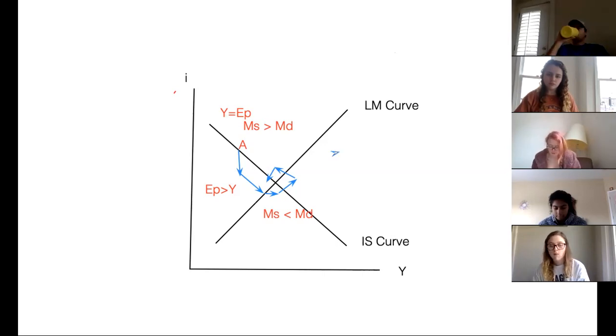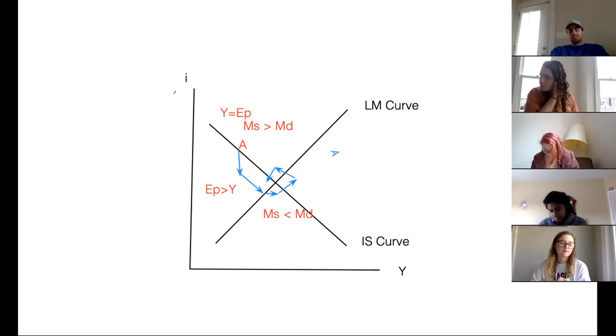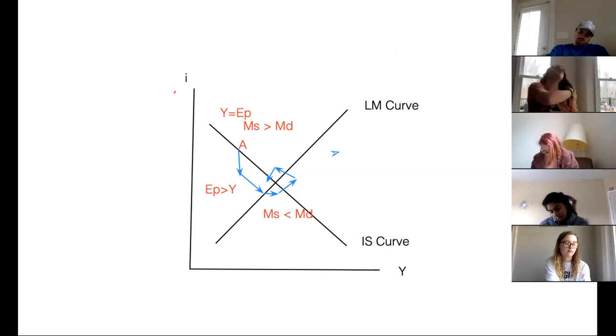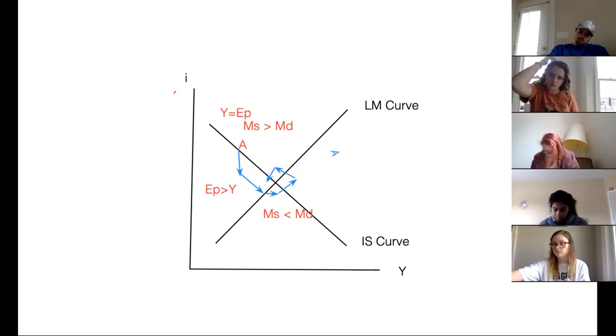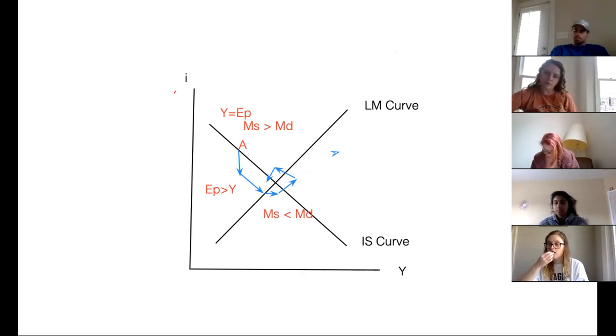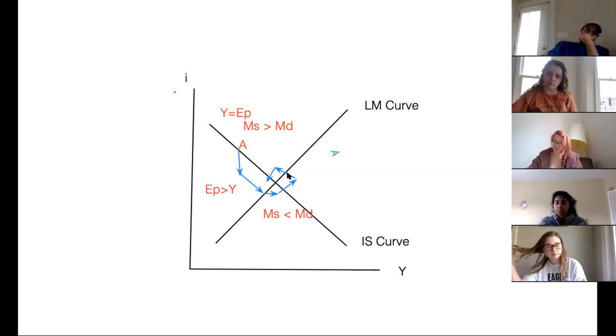So for the LM curve, if we're above it, it leads to a decrease in interest, and if we're below it, it leads to an increase in interest. I think that's right. And so for the IS curve, if we're above it, does that lead to an increase in GDP? I think it's the other way. I think it's a decrease in GDP, because if you go here, remember, we're above it.